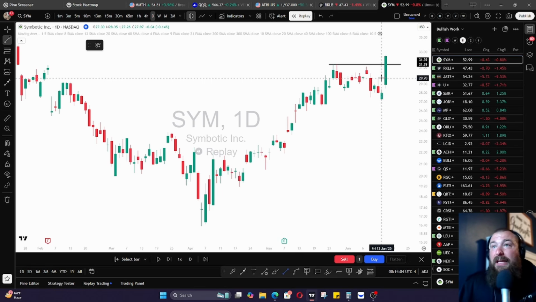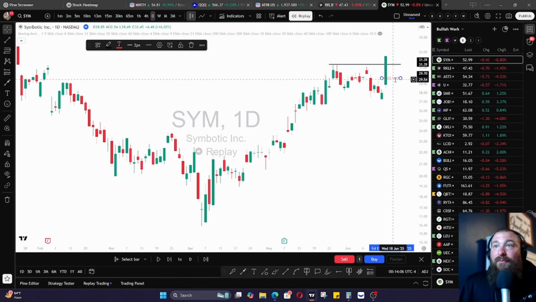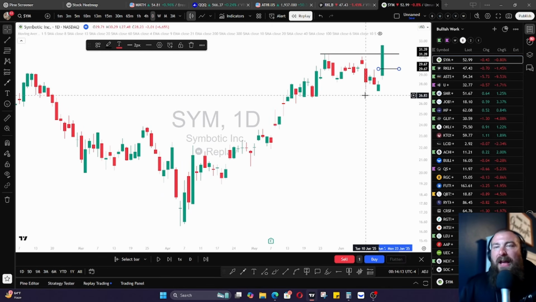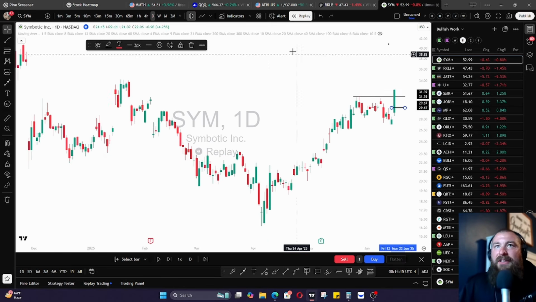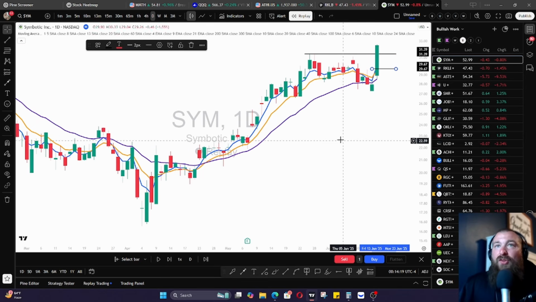If you're buying around here, anywhere up here, this is kind of the pullback buy. I prefer the pullback over the breakout, but nonetheless, you get to see it with and without the moving averages. So this is why I like to incorporate both, because it's giving the full picture and the full structure.